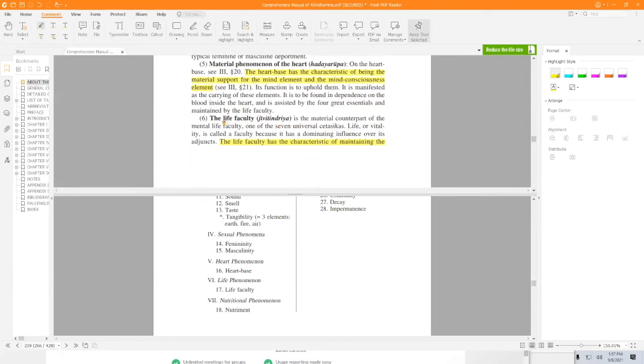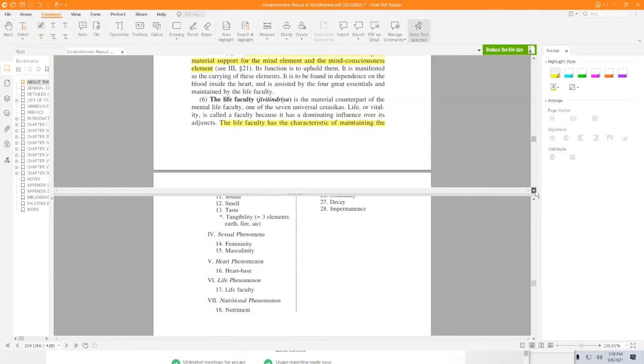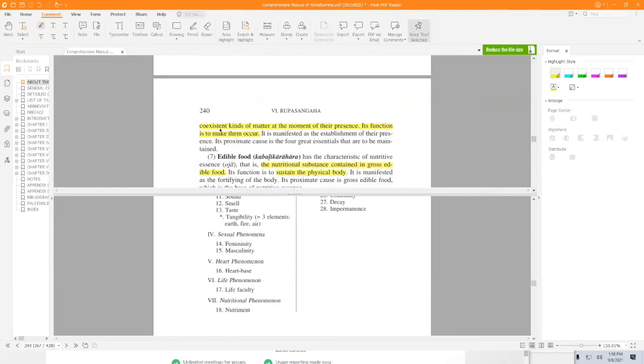Then the life faculty is another faculty, the faculty of vitality, which maintains the life of a living body. It has the characteristic of maintaining the coexistent kinds of matter at the moment of their presence, that makes them occur.